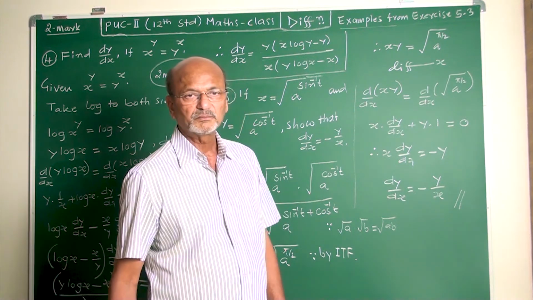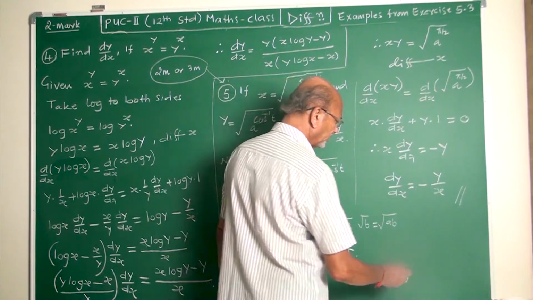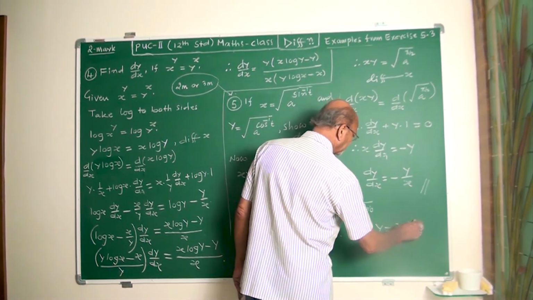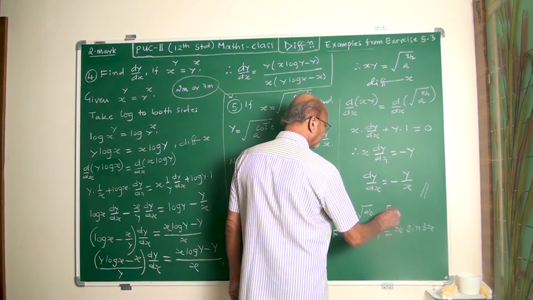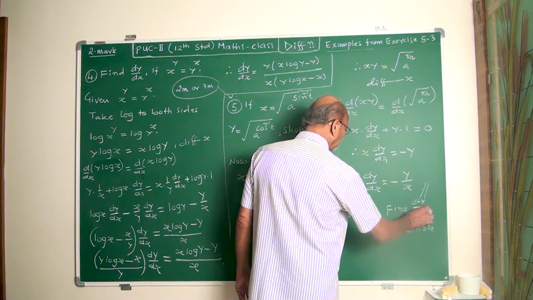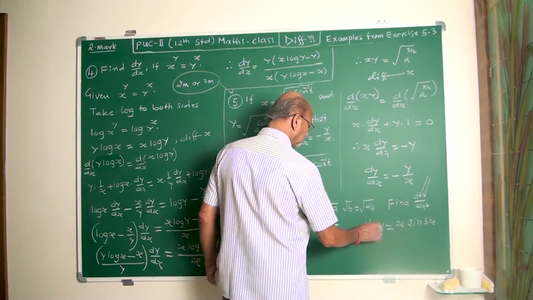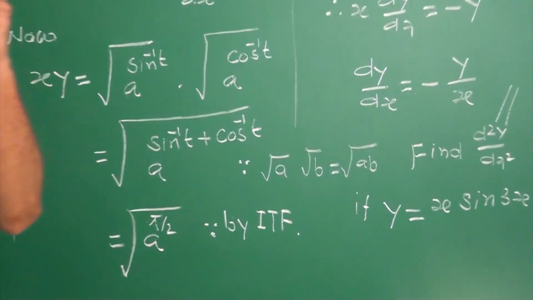These are some selected examples under 2-mark questions. Only if you need this: when y equals x sine 3x, product formula, in this case you have to find dy by dx and d2y by dx2. One, y equals x sine 3x.